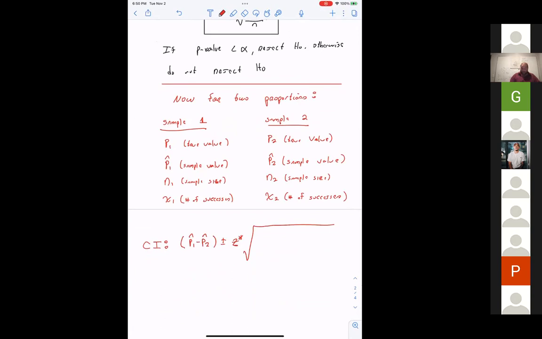The answer is we do both: the square root of P1 hat times 1 minus P1 hat over N1, plus P2 hat times 1 minus P2 hat over N2. Make sense so far? Again, I'm not giving you the reasons why these formulas are in place because the derivation is beyond the level of the course. I'm just giving you the actual confidence interval formulas that we're going to be using. Okay, this is the large sample confidence interval.